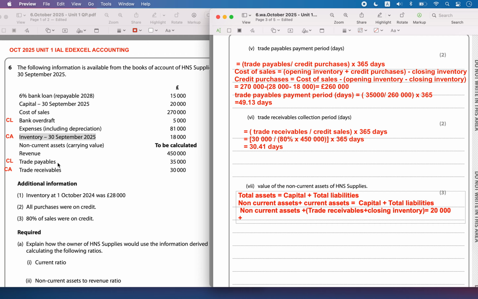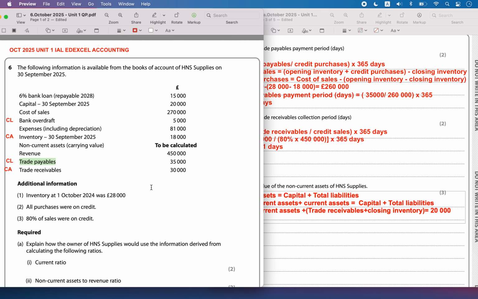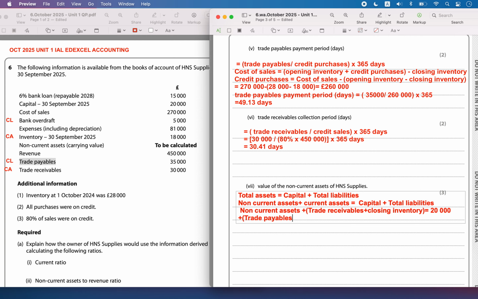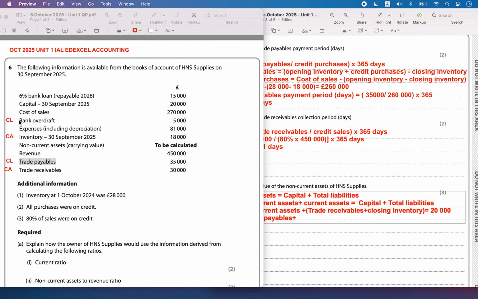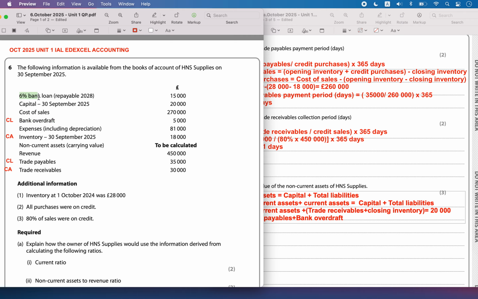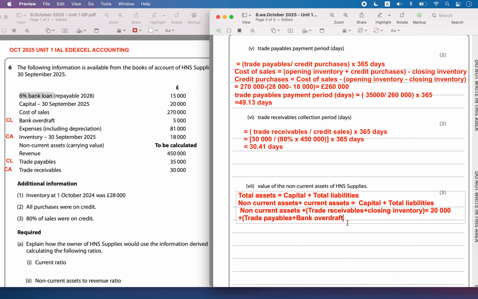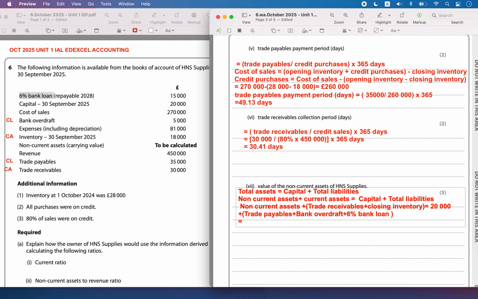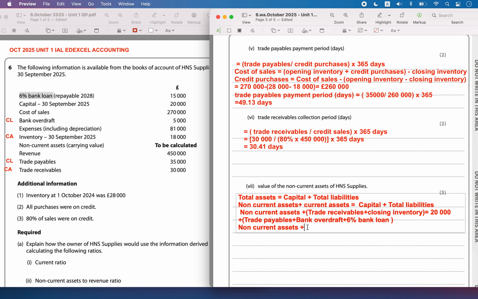The total liabilities are trade payables, plus the bank overdraft, and then the non-current liability, which is a 6% bank loan. So let's now substitute again. We have non-current assets which we have to find.